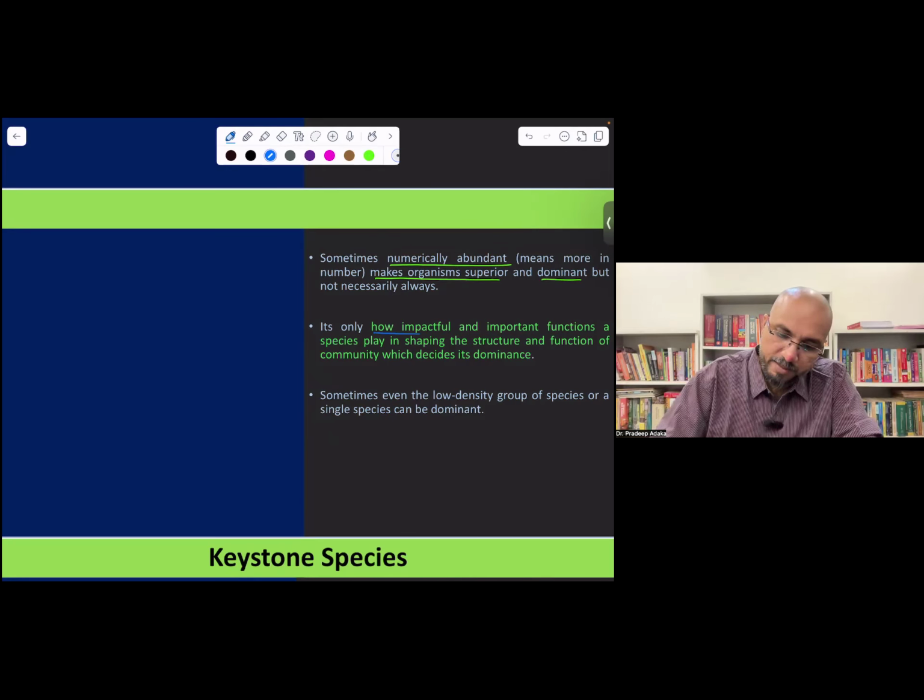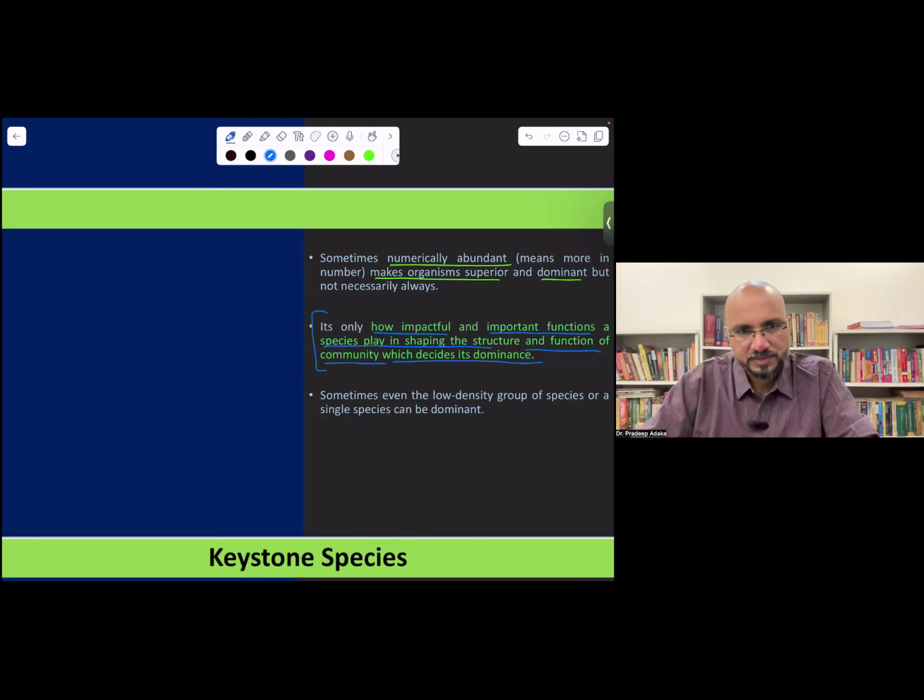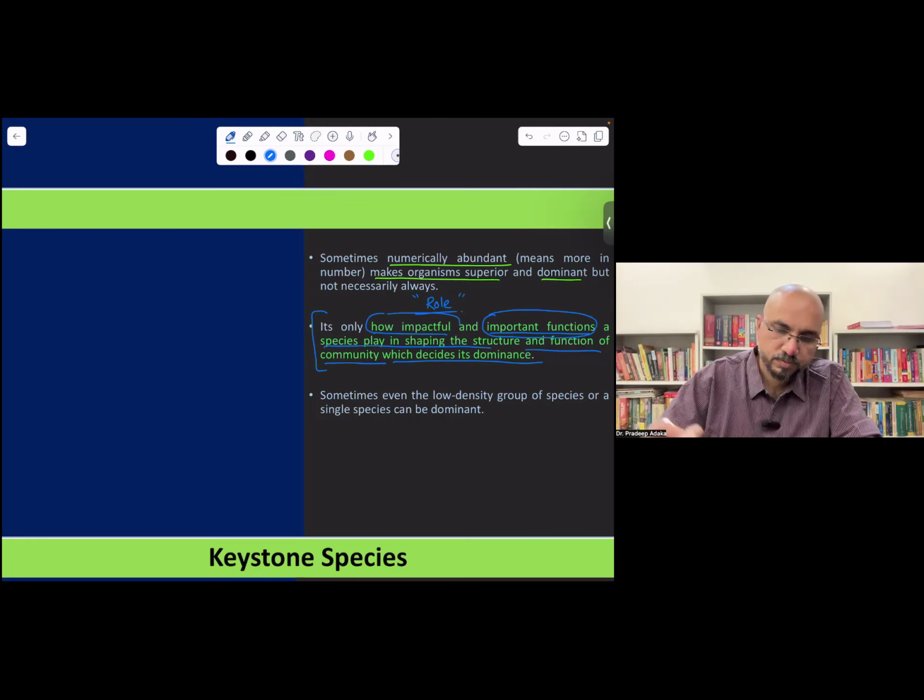It is only how impactful and important the functions a species plays in shaping the structure and function of the community that decides its dominance. It is not always the number; it is the role played by the organism in the community.